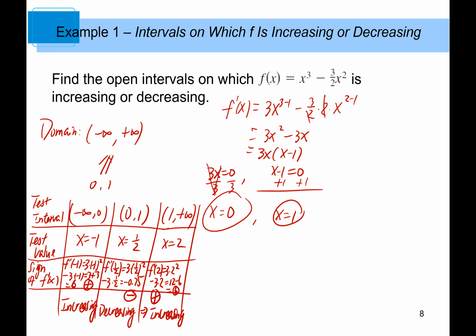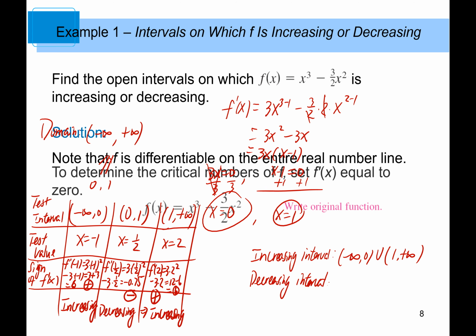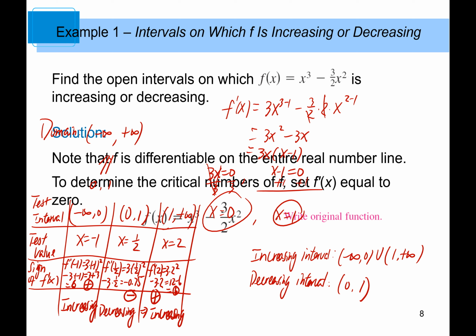So as you can see, the increasing intervals are from negative infinity to 0 union 1 to positive infinity, and the decreasing interval is from 0 to 1. Okay.